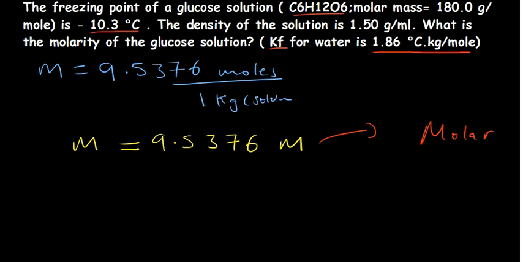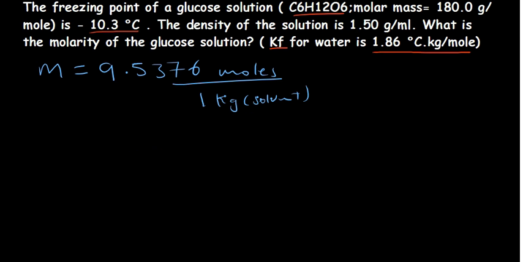That's what molal concentration stands for. So it has come as 10.3, the freezing point depression, divided by the constant, which was on the other side. Okay, so actually the answer is not supposed to be that. I don't know how I got the 9, but it's supposed to be 5.538 after dividing.